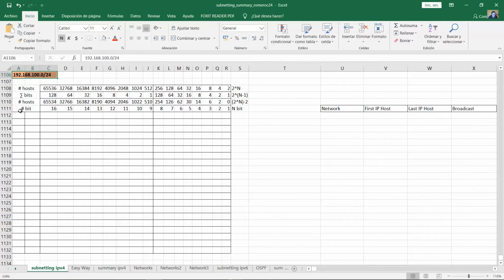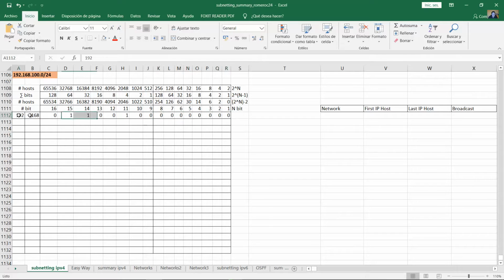Place this here. The first 2 octets in decimal, 192.168. The last 2 octets in binary: 100 in binary is 64 plus 32 plus 4, 100, and 0 in binary here, 8 zeros. 192.168, 100, 0.